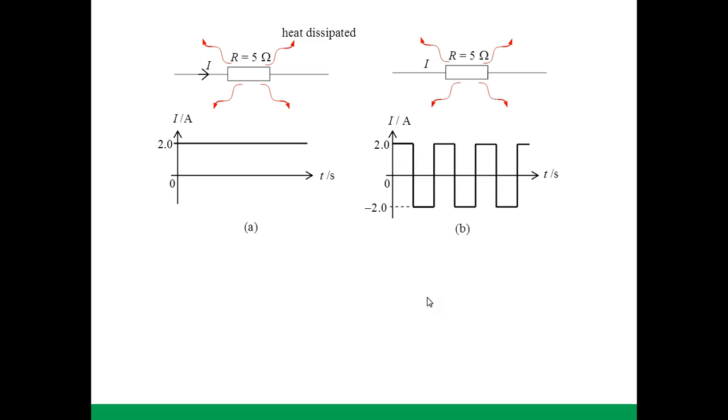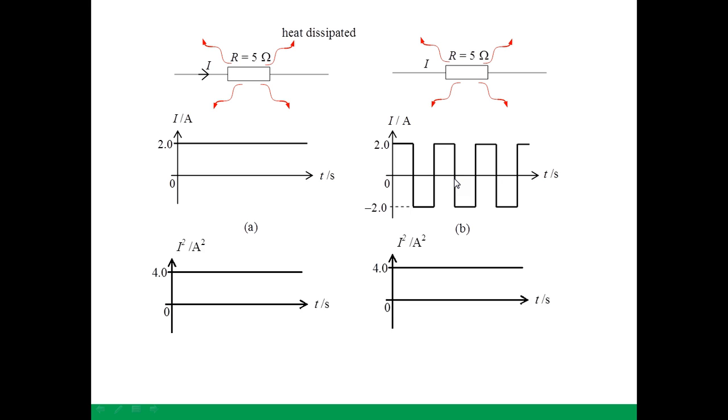In fact, if we look at the current-time graph for both of them and compare their I squared versus time graph, we notice that the I squared graph stays the same. Hence, it should be no surprise that the power given by I squared R is the same, because the I squared values do not differ.